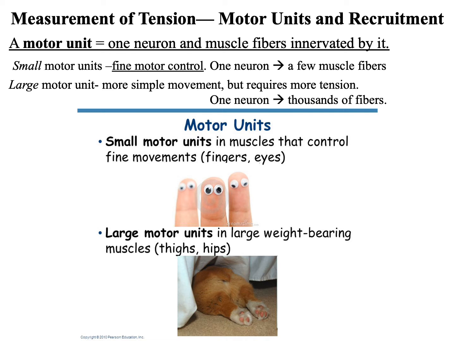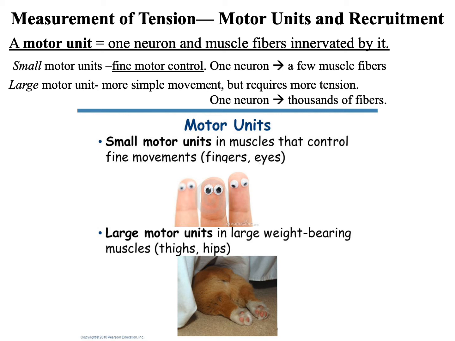That's all it can do. It doesn't do all kinds of crazy stuff. Your quadriceps can't do all those tiny little movements that your eyes and your fingers can do. So I don't need anything fancy. I can have one neuron hit 1,000 of my quadricep muscle fibers so that I can straighten out my knee.